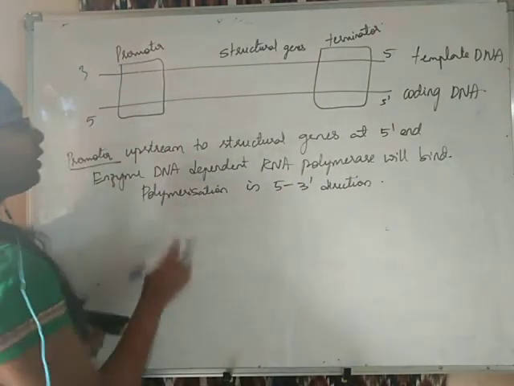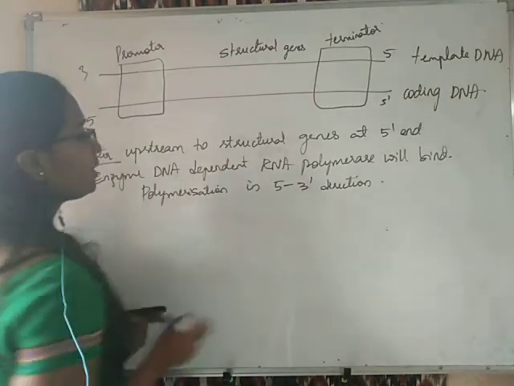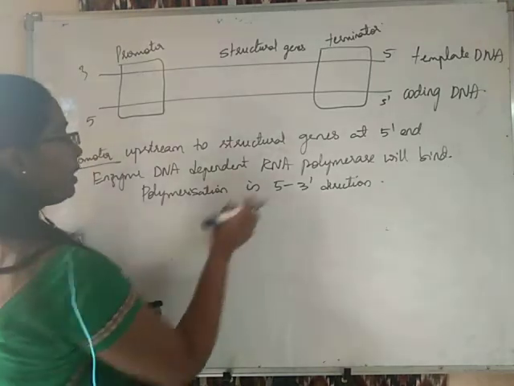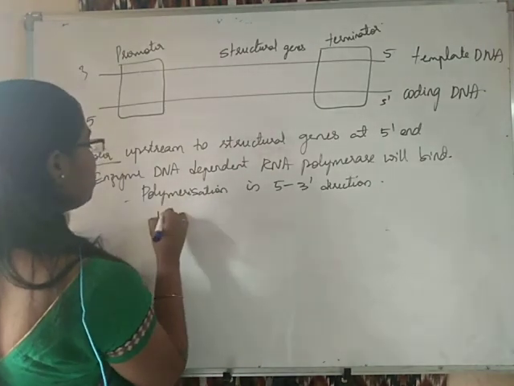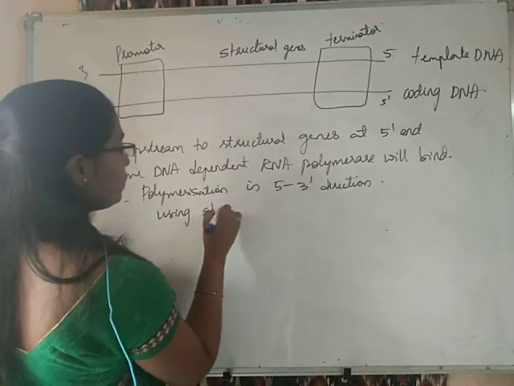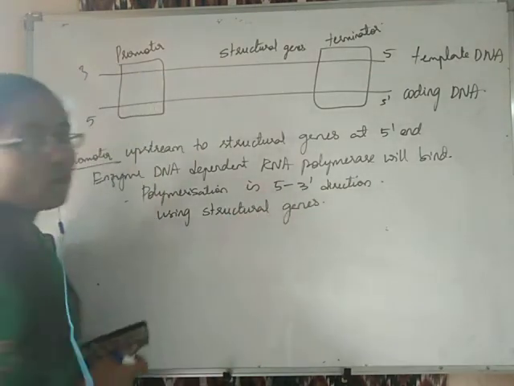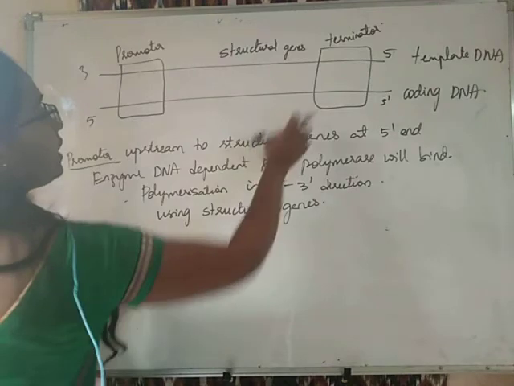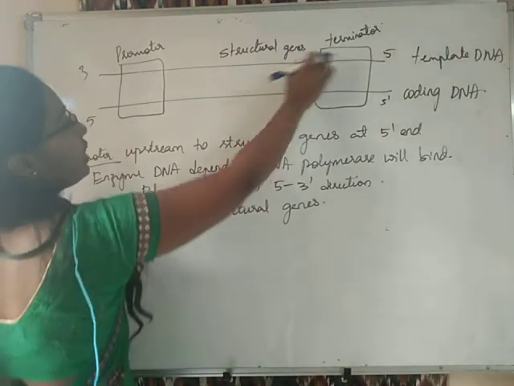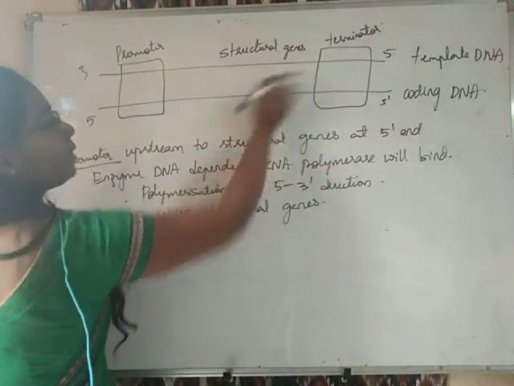Promoter is the region where this DNA dependent RNA polymerase is present, right. So, it will continue to do polymerization in 5' to 3' direction using the structural genes. And after that, students, the DNA dependent RNA polymerase will reach the terminator.